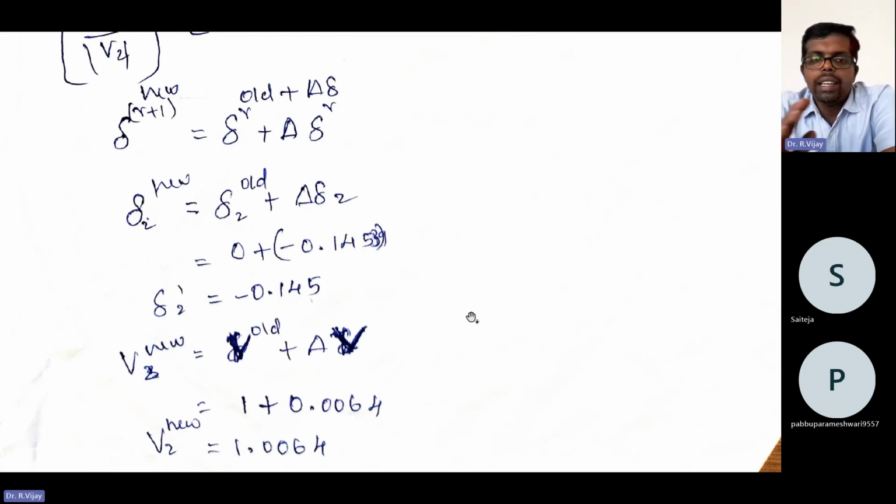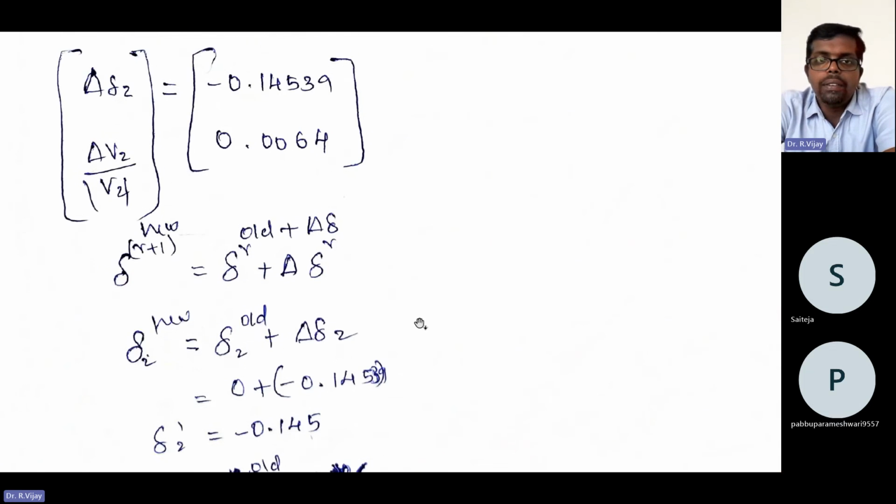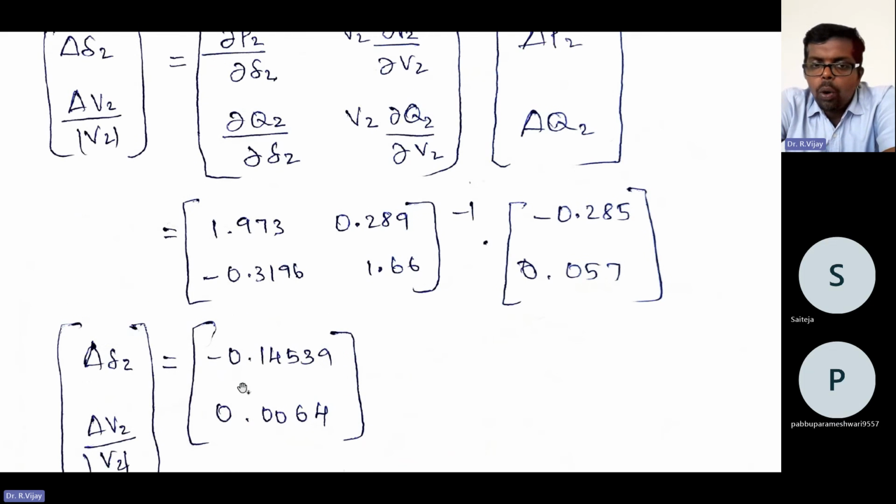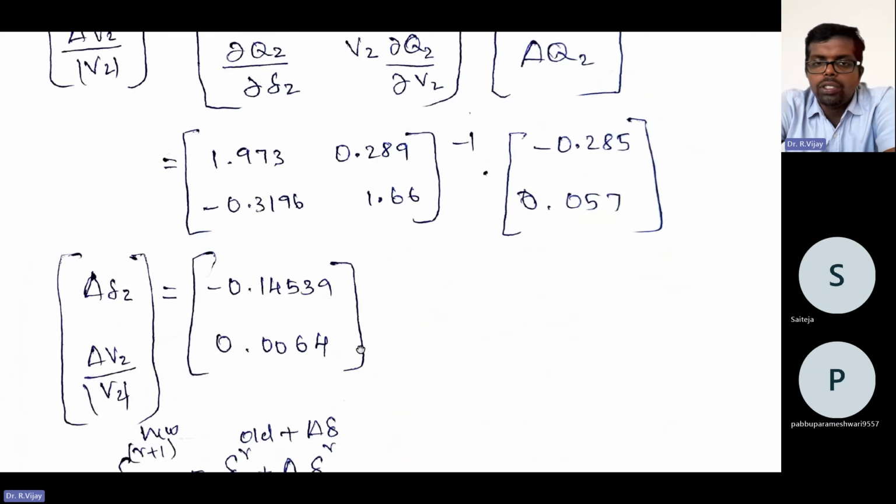Initially you give some voltage, and finally what voltage and what change in the voltage are we getting? That we need to analyze from this Newton Raphson method. It is very simple, but you must do the calculations without mistakes. While doing matrix multiplication and matrix inverse, you need to be very, very careful. If you miss anything, the whole problem goes wrong.